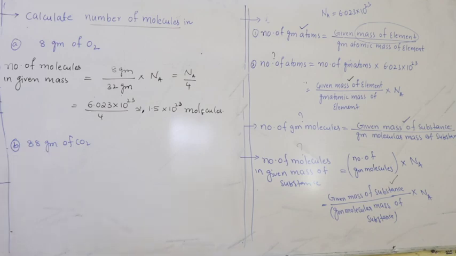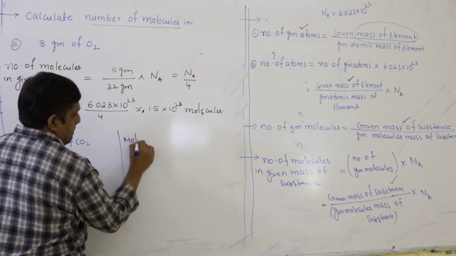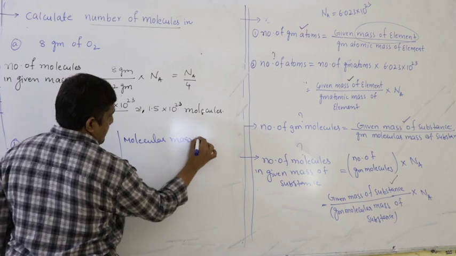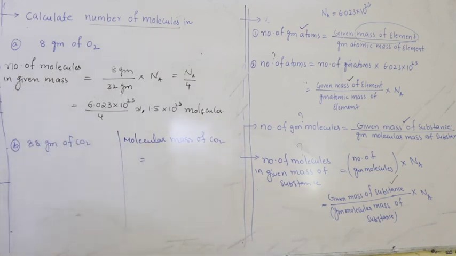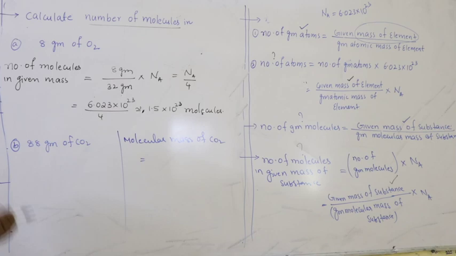Right, here in the next problem, let us first find molecular weight of CO2. Sum of the atomic masses of all elements. How many different atoms are present? 2 atoms, carbon, oxygen. How many carbon atoms? 1. How many oxygen atoms? 2.